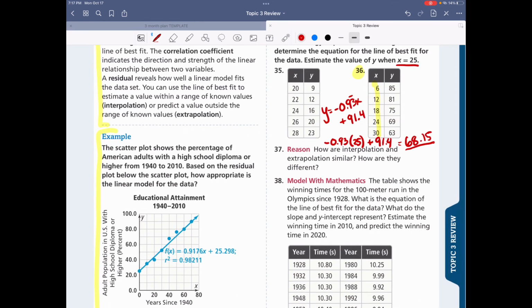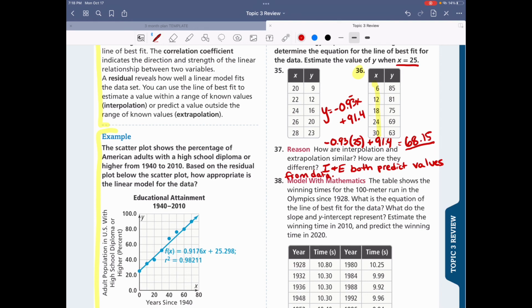Number 37, how are interpolation and extrapolation similar? How are they different? Well, interpolation and extrapolation both predict values from data.